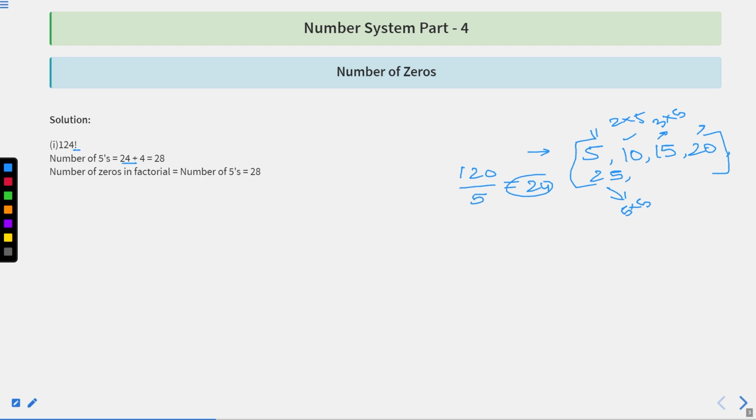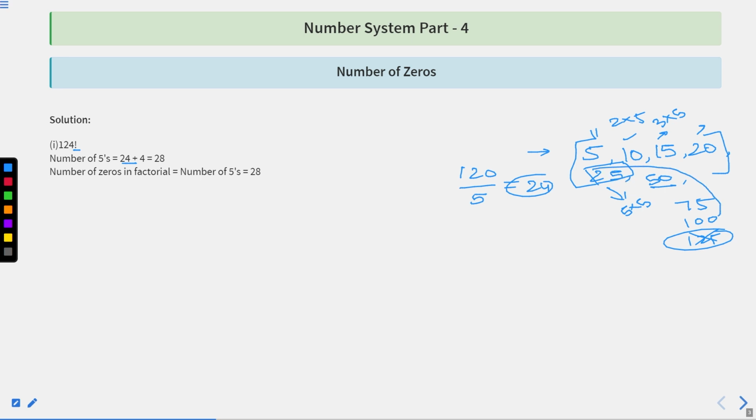So how do you know which numbers have 5 occurring twice in the expansion? You have 25 here, and the next number will be 50. With a gap of 25, you will have two 5s occurring in that number: 50, 75, 100, 125. But 125 exceeds 124, so we are not going to include that.